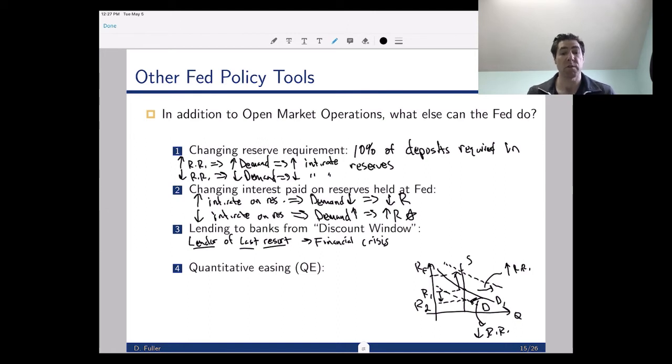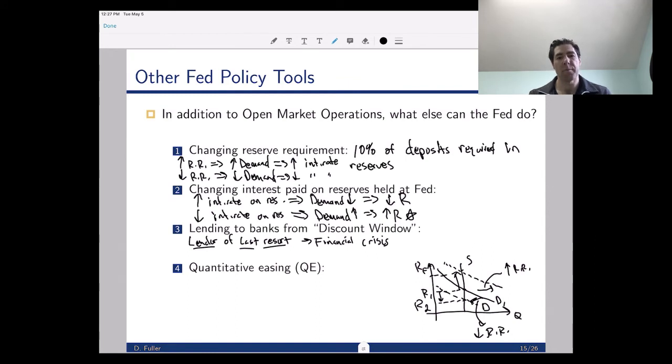They can actually go to what's called the discount window, and they can borrow those reserves from the Federal Reserve Bank. So the Federal Reserve Bank can effectively increase the quantity of reserves floating around by lending those to banks directly and skipping the federal funds market altogether.